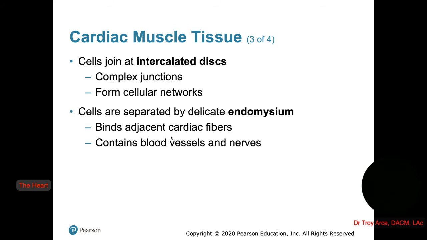Cardiac muscle cells join at the intercalated discs, they have complex junctions, and form cellular networks. Cells are separated by the delicate endomysium, which binds adjacent cardiac fibers together. It also contains blood vessels and nerves.